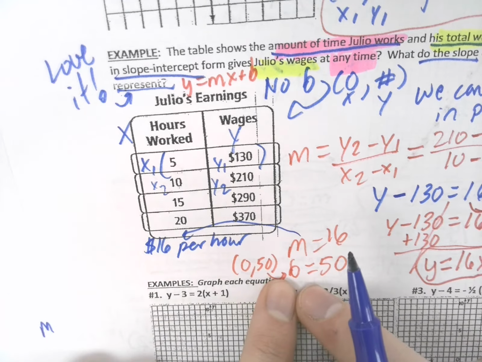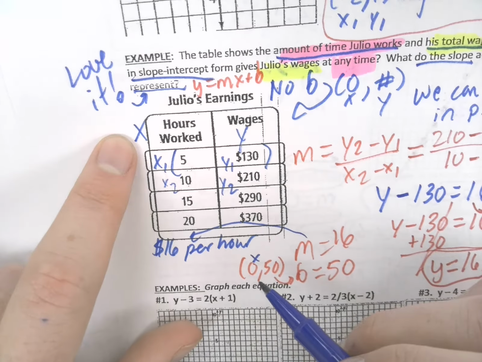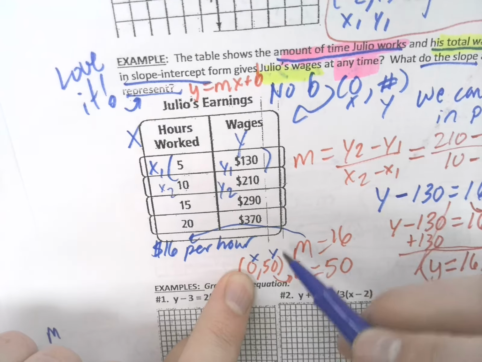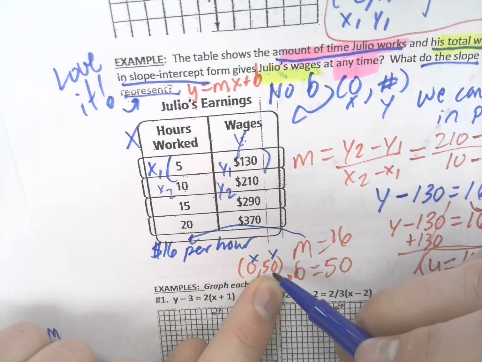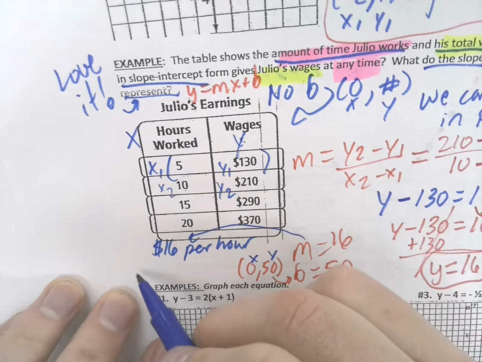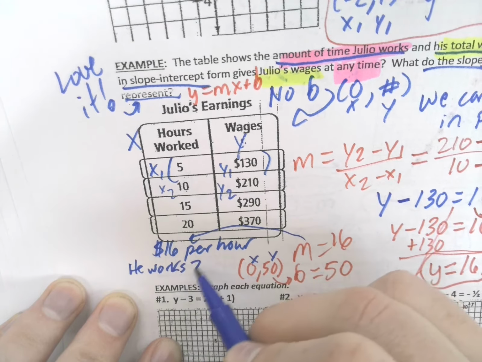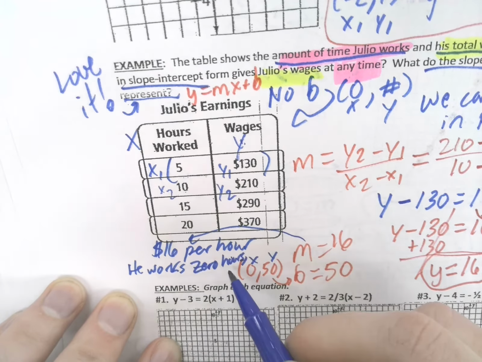Now, as far as our y-intercept's telling us, if x is 0, oh shoot, x is the number of hours worked. If x is 0, how much money, what's his y? His y is still 50. That means if he works 0 hours, how much money is he still making?